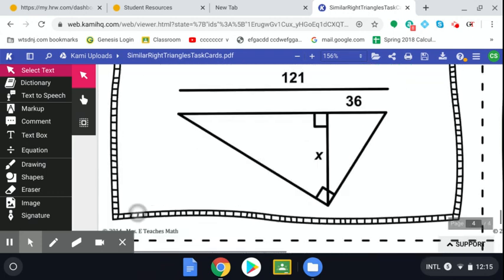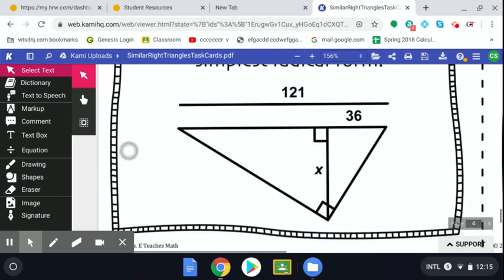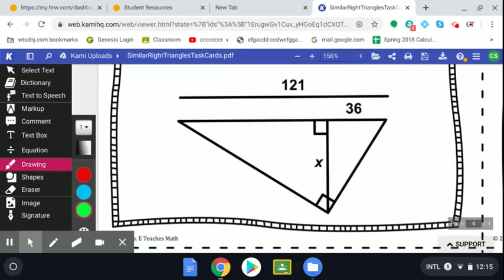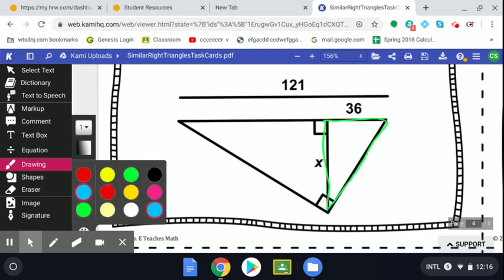Number 13. Now I can look at the smaller triangle, which is this one, and the outside triangle, which is this one.